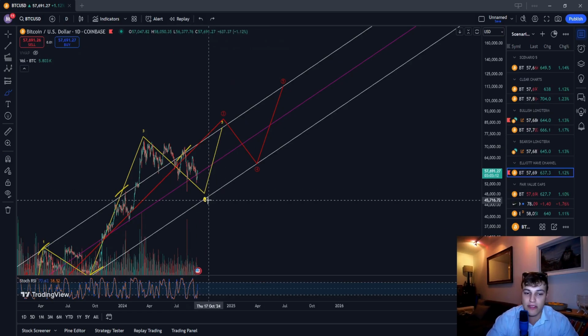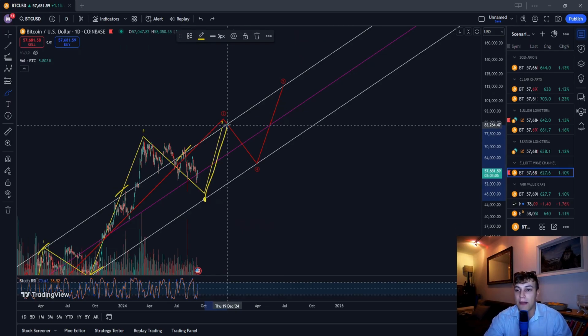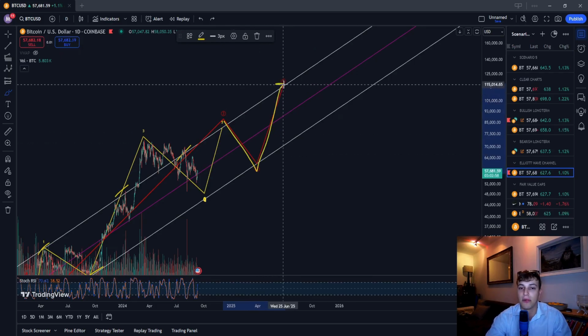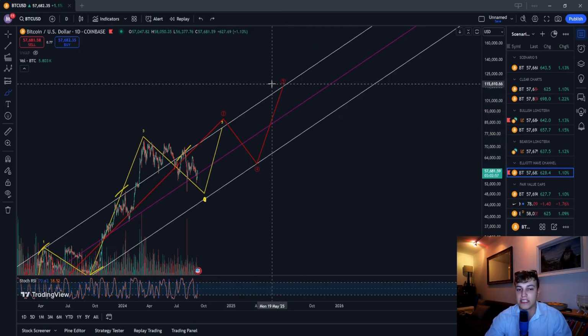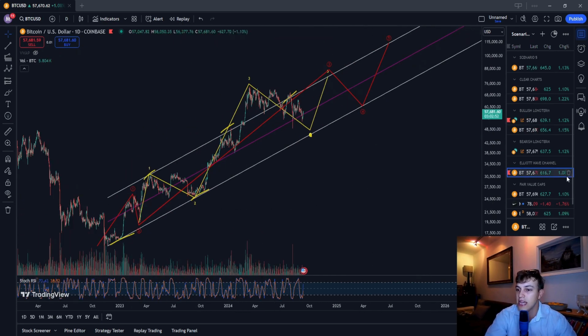So 47,000 at the moment is the low, in my opinion, that we are going to head to, and then going up to that $85,000 before a drop back to 60,000 and then the double in the 120. That is my opinion for this bull market at the moment on the longer term time frame.